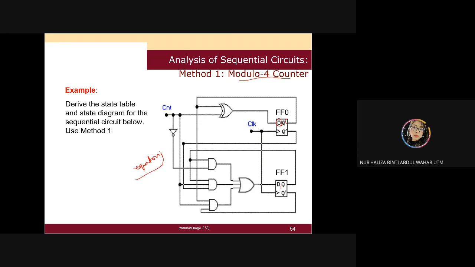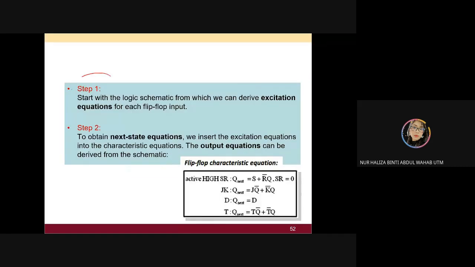In terms of this equation, you need to come up with D0, D1. So this is your first step. Start with the logic schematic. From the schematic, we can derive our excitation equation, not excitation table, okay?